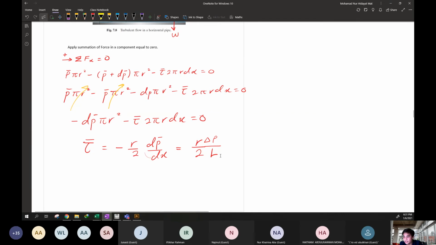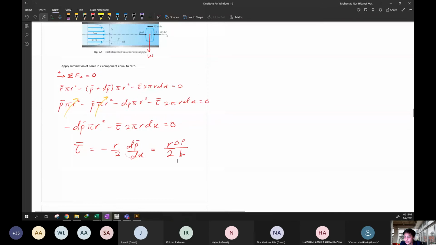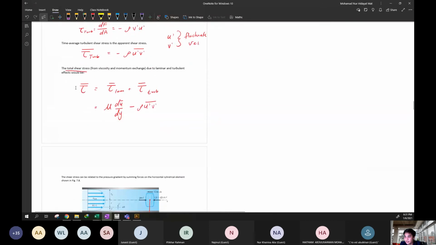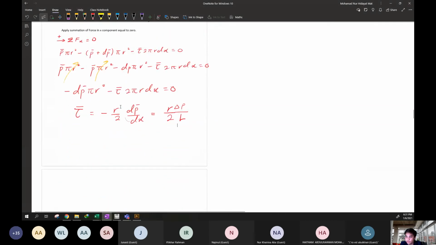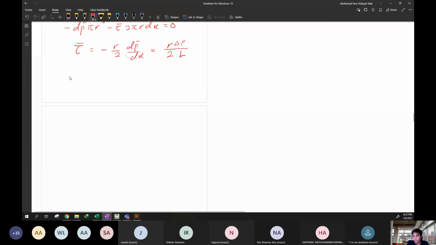So from here, we know that tau is equal to this, and previous tau equal to this. So what we need to do, the same again, we can equate both tau. Okay, the same thing. So we equate this one with this one.